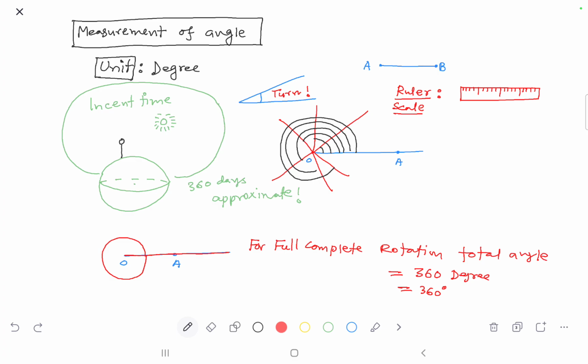Now, if we can develop a process of dividing an angle, then we can find 1 degree, 2 degree like this. And yes, we have a process. How? Say you have ray OA, and you take the opposite ray in this direction, having the common point B. These two opposite rays make a half rotation, right?